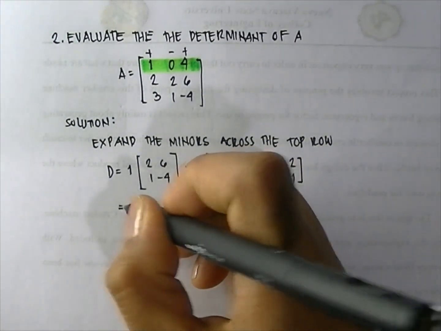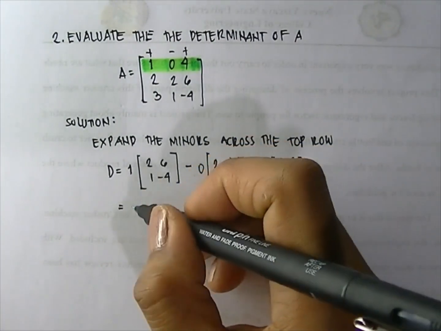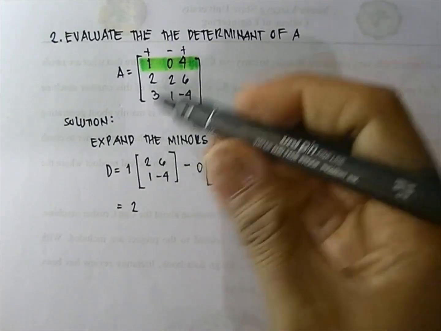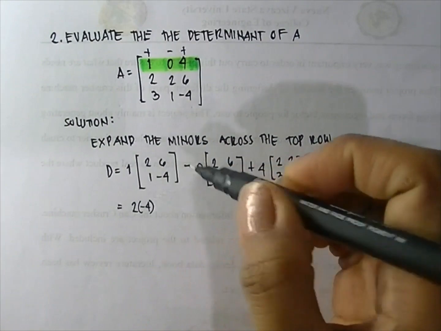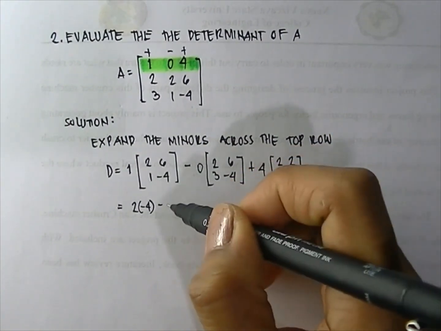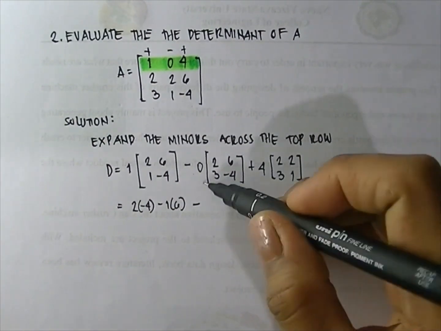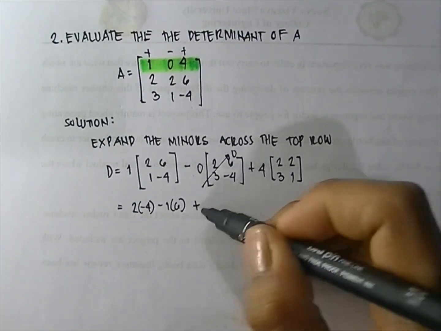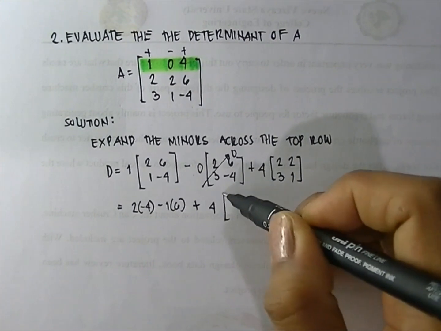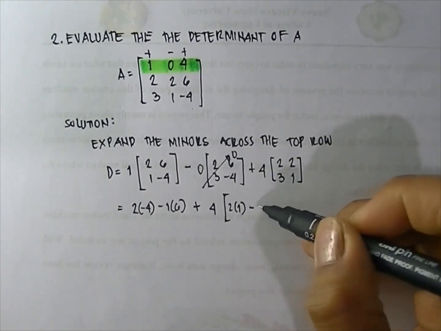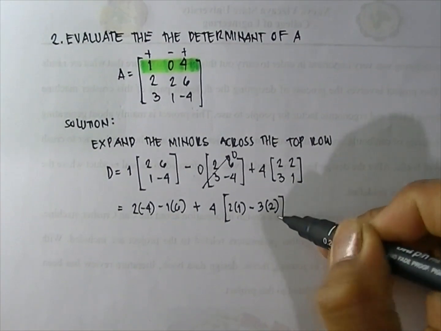So, simplify, we have 2 times negative 4, less 1 times 6. And minus 0, so 0 plus 4 times 2 times 1 minus 3 times 2.